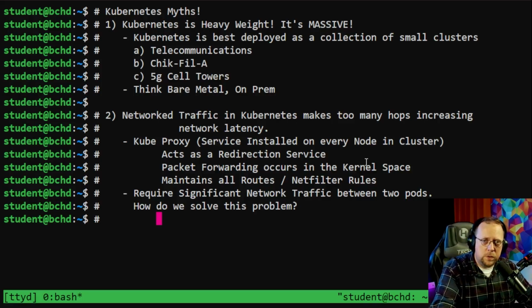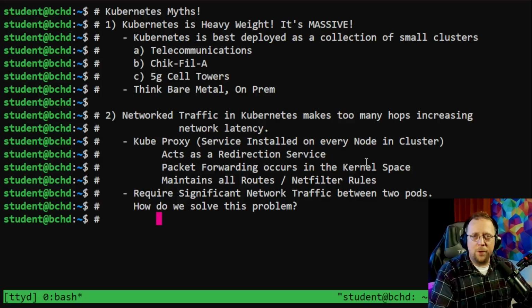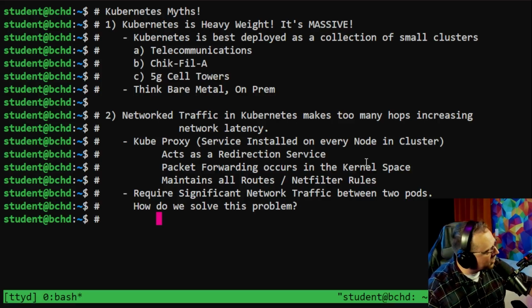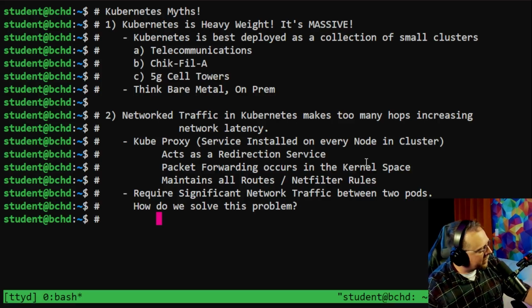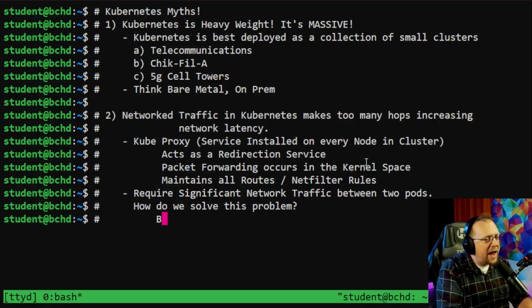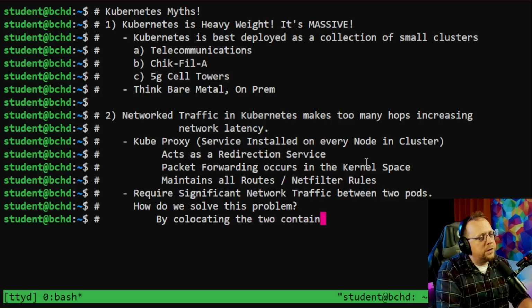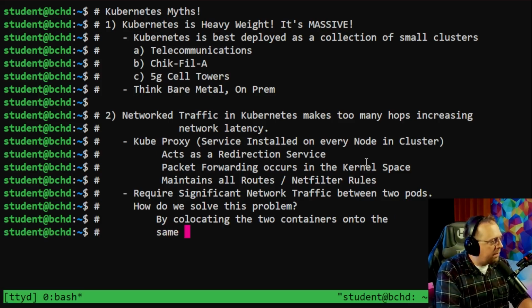All containers on a pod share the IPC namespace, which means that now if I were to put those two containers together on the same pod, they could communicate via IPC, thus defeating the network argument. So now those two processes are communicating as though they're on the same container. Nice. We solve this problem by co-locating the two containers onto the same pod.